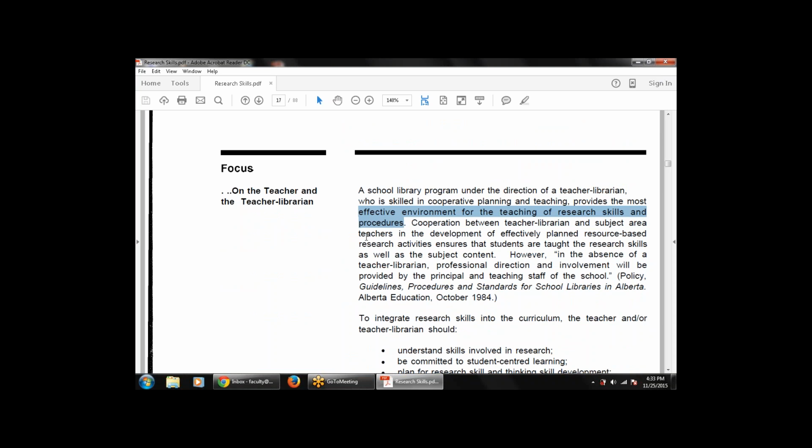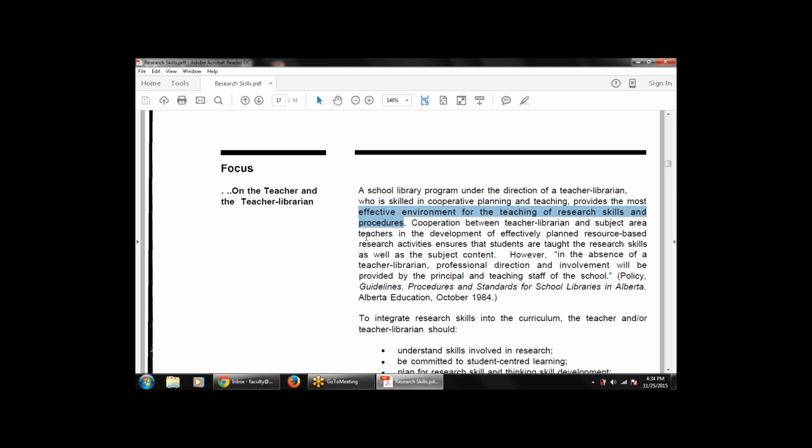So there is a program scheduled under the direction of the teacher librarian, who must be skilled in cooperative planning and teaching. When the teacher has these skills, the teacher provides the most effective environment for teaching research skills and procedures.